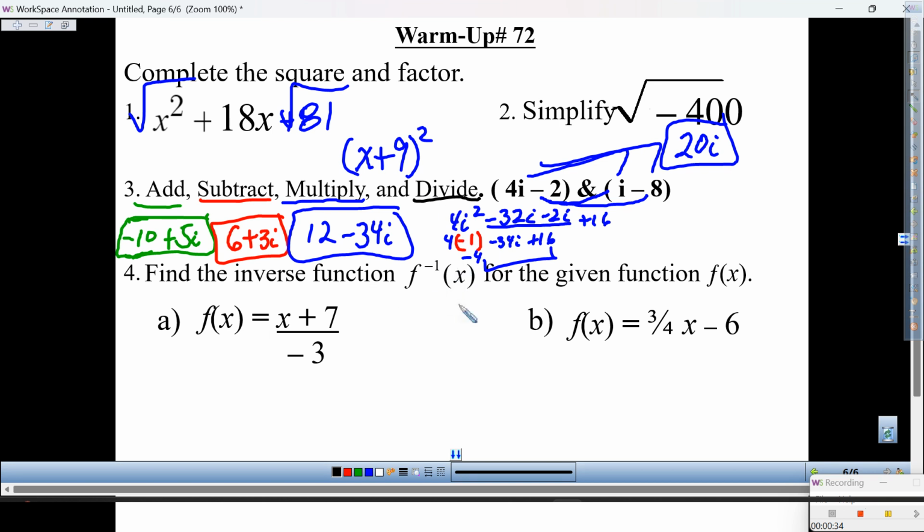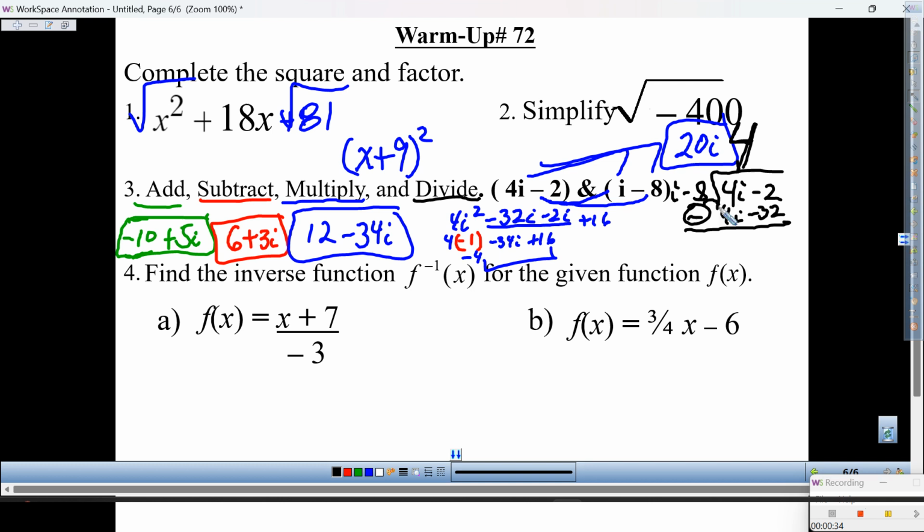Maya A. What'd you get, Maya A? That's it. All right, let me go over this one. This is 4i minus 2 divided by i minus 8. What number times i gives us 4i? It is 4. 4 times i is 4i. 4 times negative 8, negative 32.